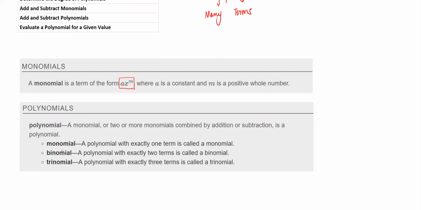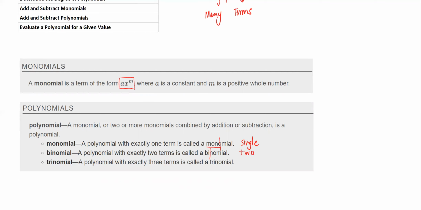Okay. So a monomial, right? Again, the word mono means single, monostereo, right? So that is a single term. So if a polynomial has only one term in it, it's called a monomial. Likewise, a polynomial with two terms is called a binomial. Think of binomial, bicycle, binary, right?